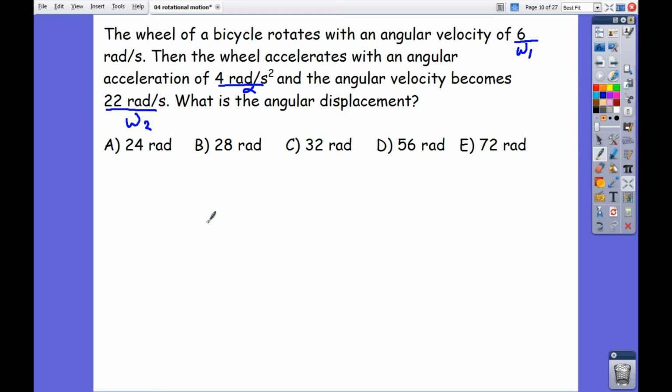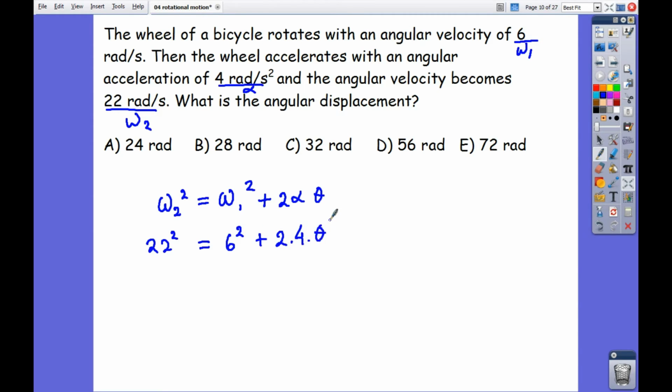So we can use the third equation. Omega 2 squared equal to omega 1 squared added by 2 alpha theta. 22 squared equal to 6 squared added by 2 times 4 theta.